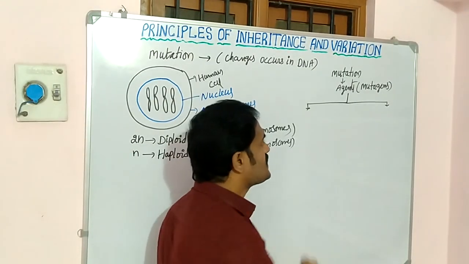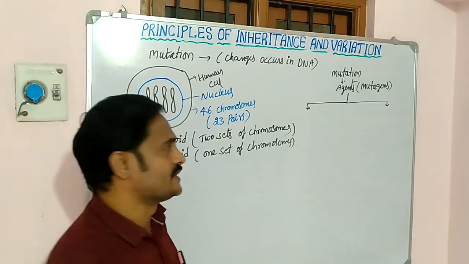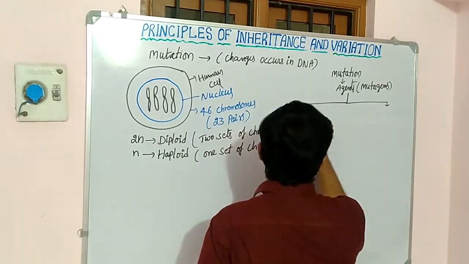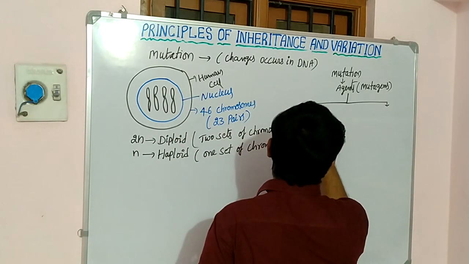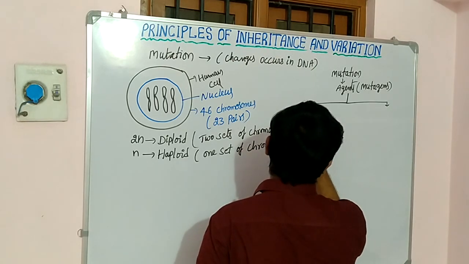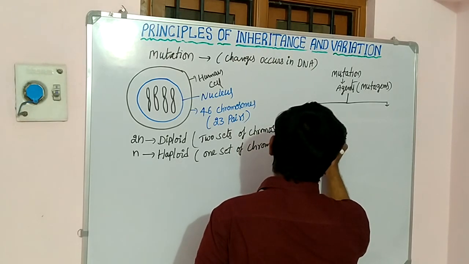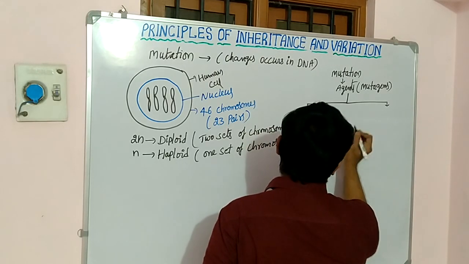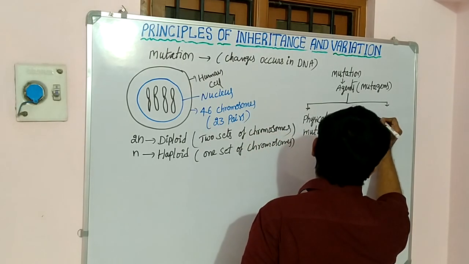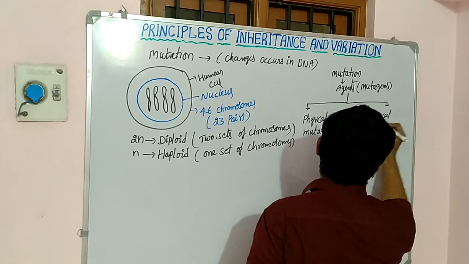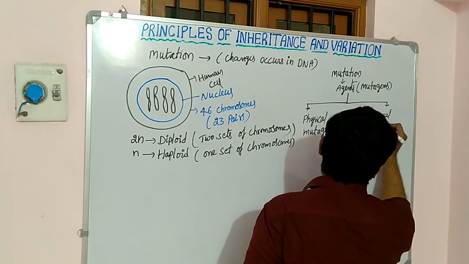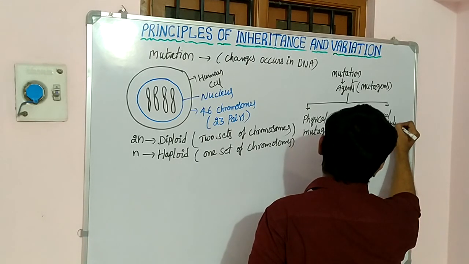See, these mutagens are majorly of two types. What are they? One is physical mutagens and the second one is chemical mutagens.